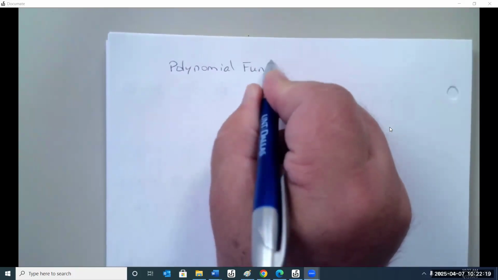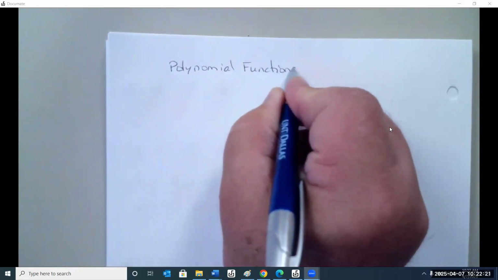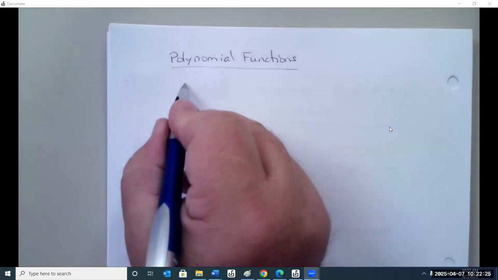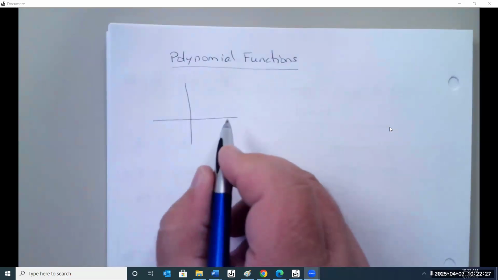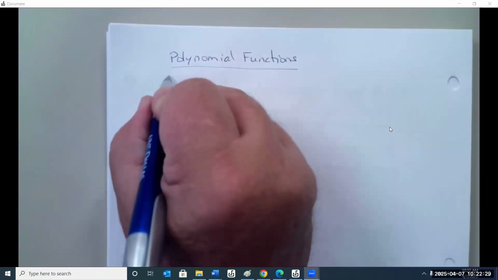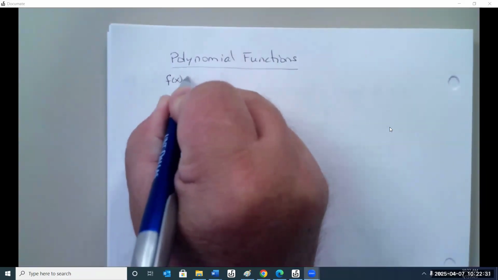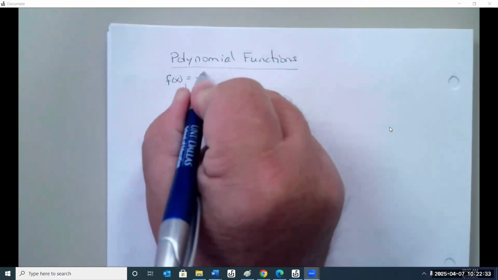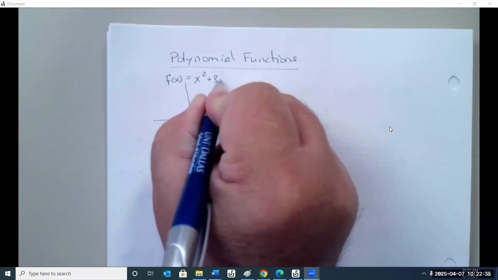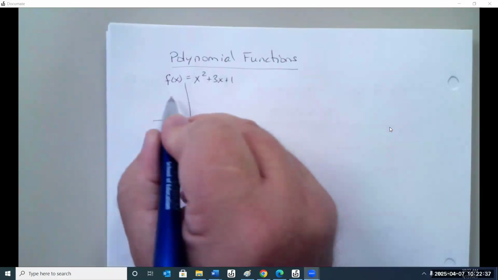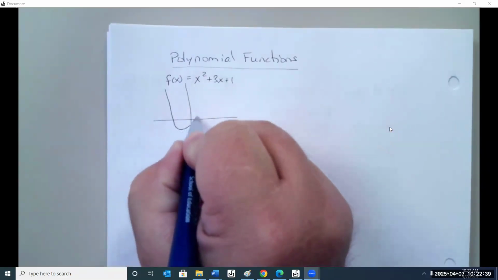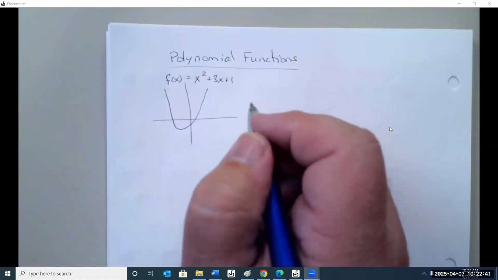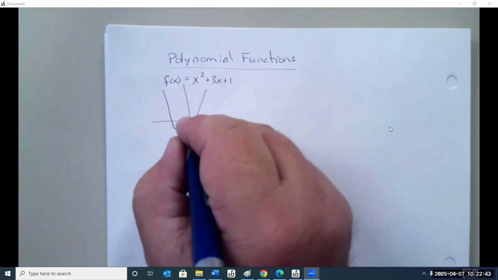Polynomial functions. Here are some examples of them. F of x is equal to x squared plus 3x plus 1. It'll look like this. Actually, it's supposed to go up to 1 here.